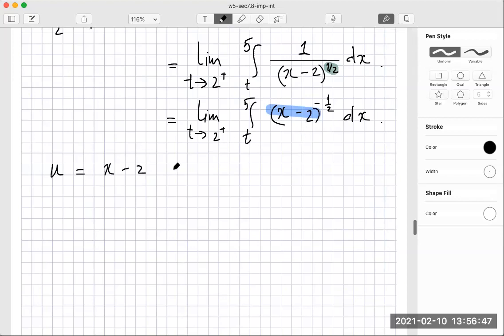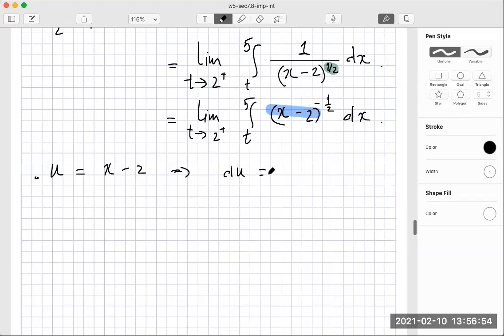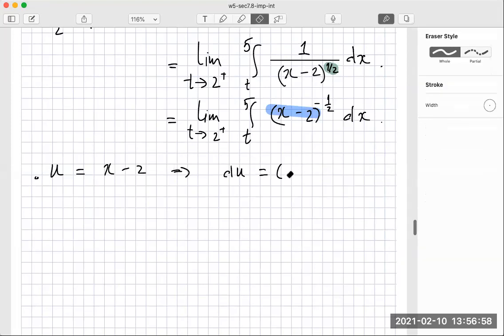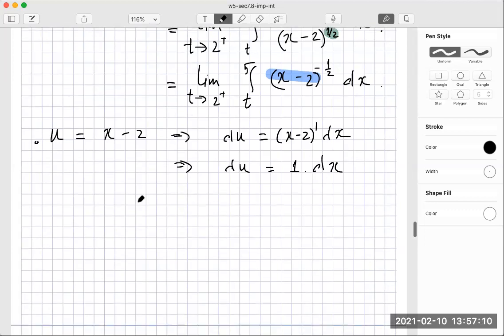Very good. Therefore, the relation between du and dx will be, yes, du is equal to dx.